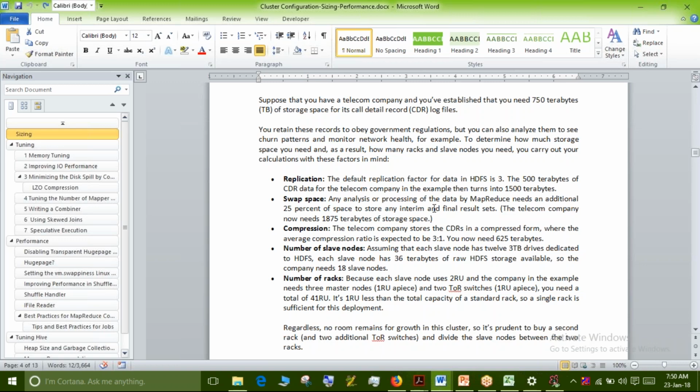If rack awareness is enabled, then it will make sure that all 3 copies of the same block are not kept in the same rack. One block in one rack and the other 2 blocks in the other rack, so that we will not be facing the challenge.